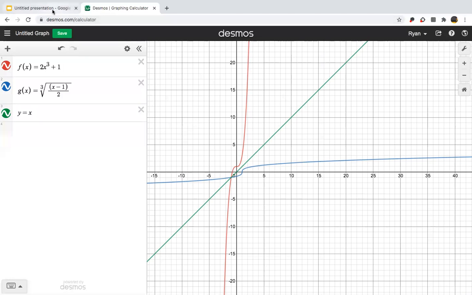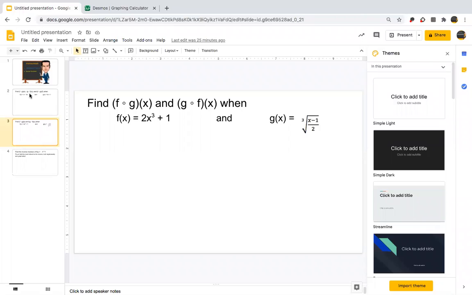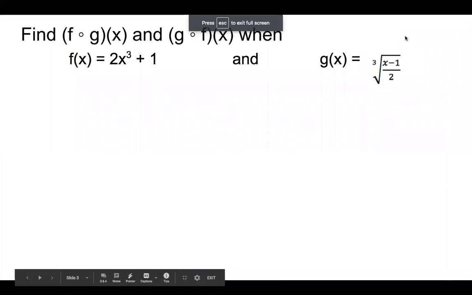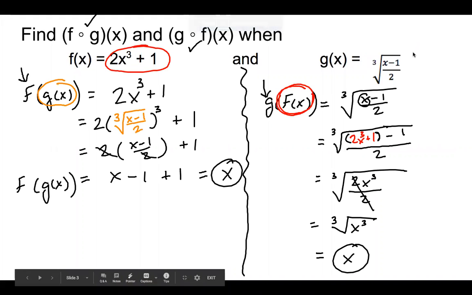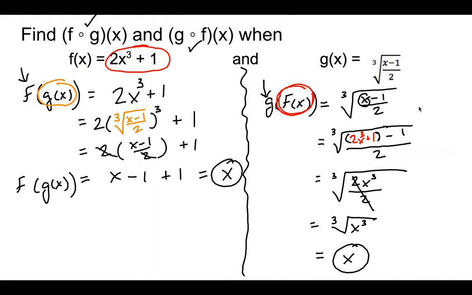Now, if we go back to our slideshow here, and I make it full screen, and I go back to our work, we can see that when we took f and plugged in g, we got x. And if you take g and plug in f and get x, that proves that these functions are indeed inverses of each other.